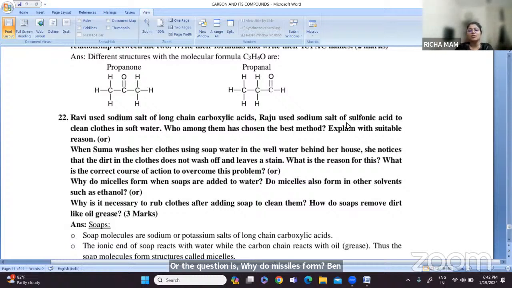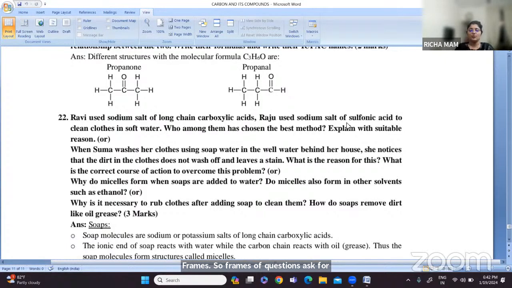Do micelles also form in other solvents such as ethanol? Or why is it necessary to rub the clothes after adding soap to clean them? How do soaps remove dirt like oil and grease? These are the different frames of questions asked for 3 marks.